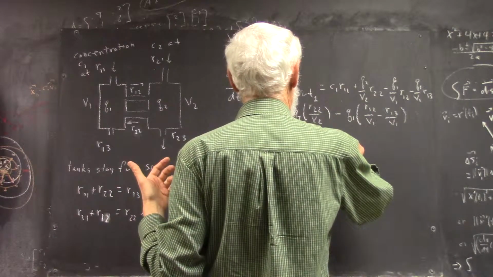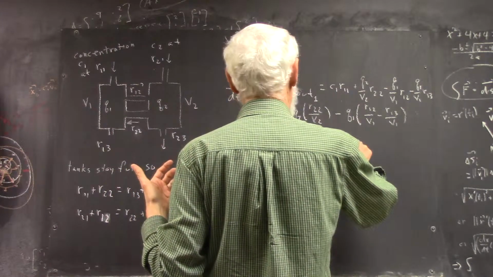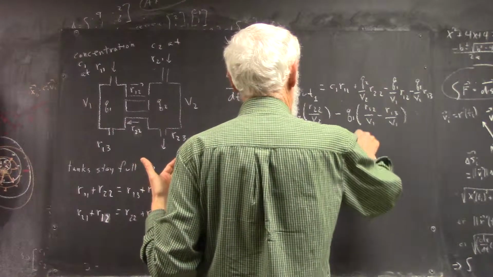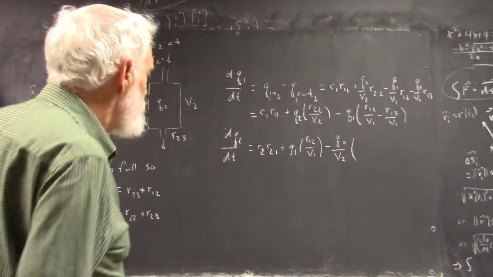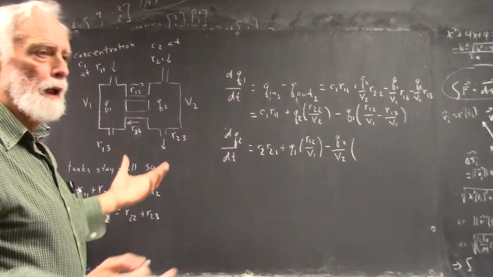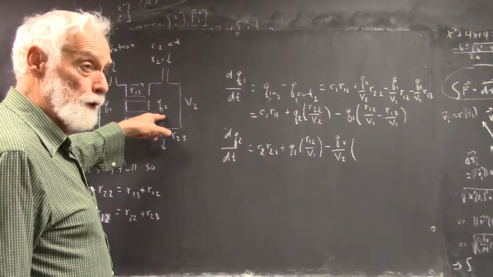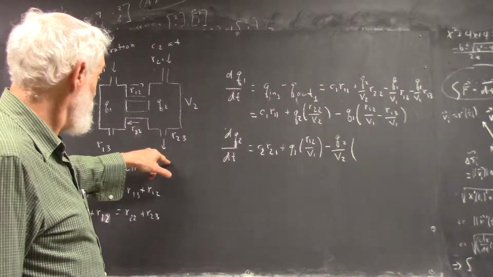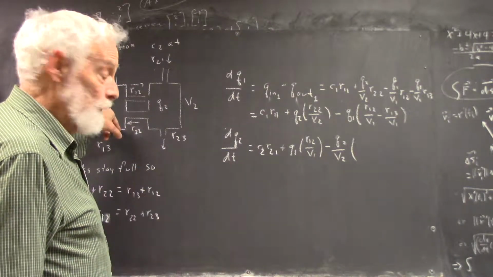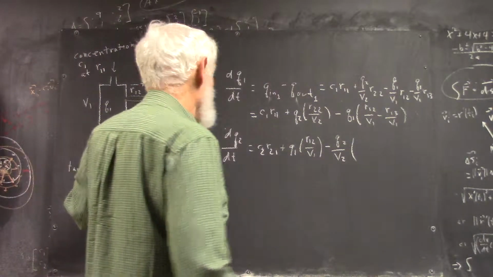Well, now I'm just going to use the magic of the distributive law, because we're going to have Q2 over V2. That's a concentration that goes out here and here, right? So that just times R22 plus R23.